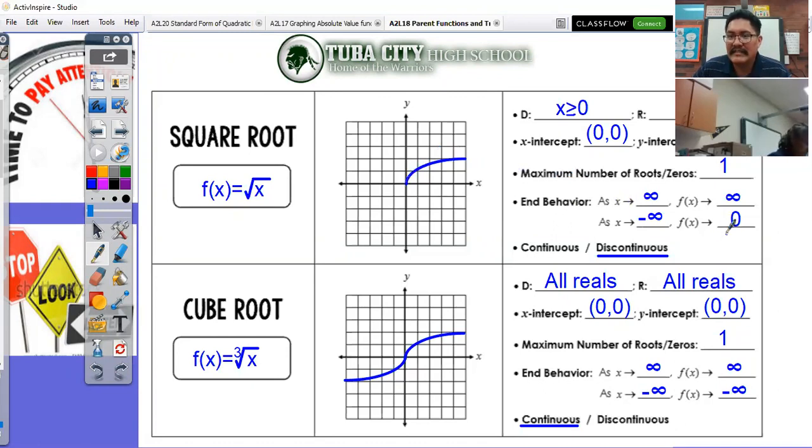Once I reach 0, that's it. We can't go past that. And this line is discontinuous. It does not continue from one side to the other. There is a break in it. So since there is a break in it, it is not continuous.